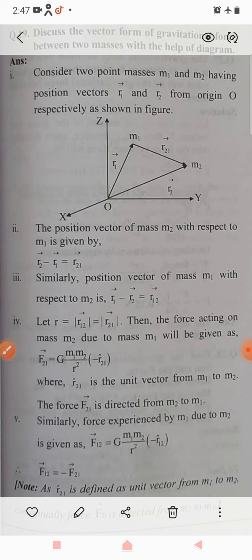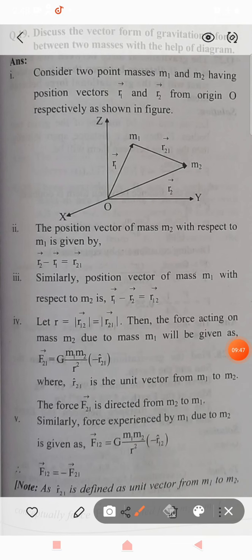So overall what we can say is that the forces will remain the same in magnitude. So our conclusion is that F12 equals minus F21.